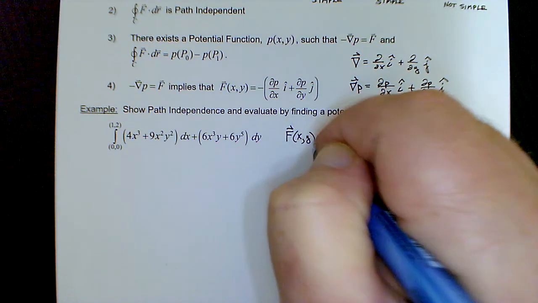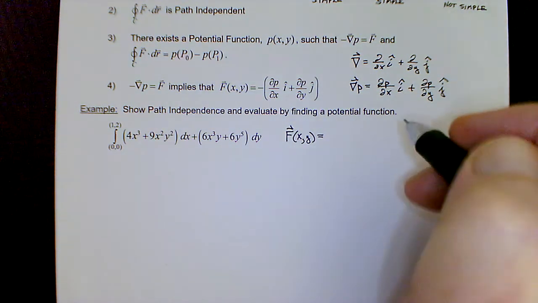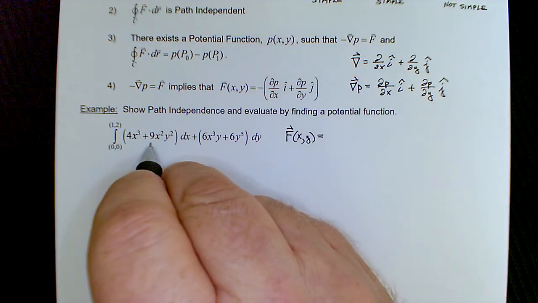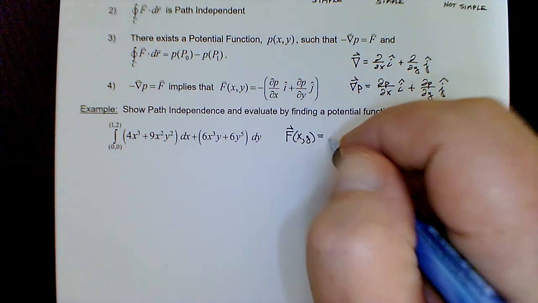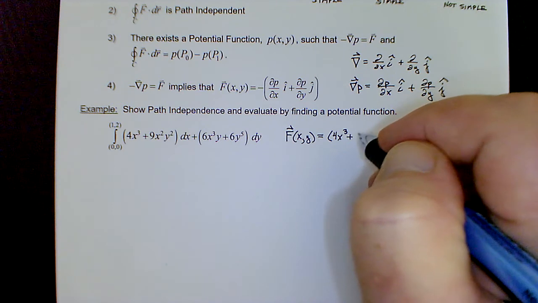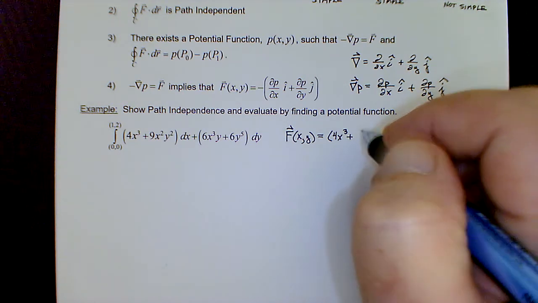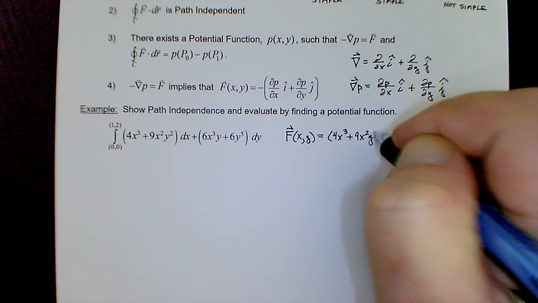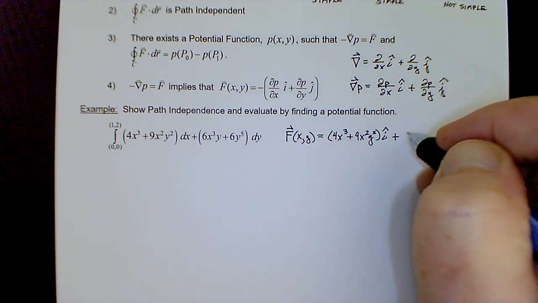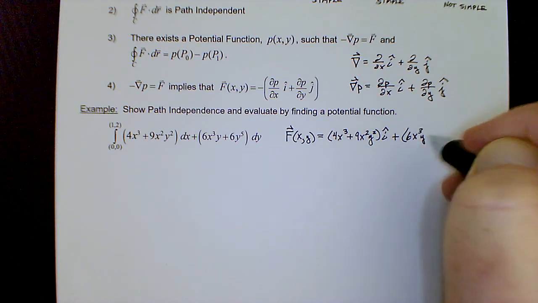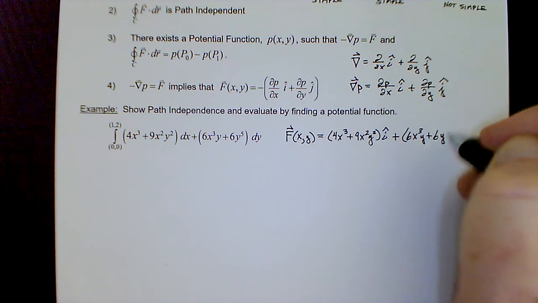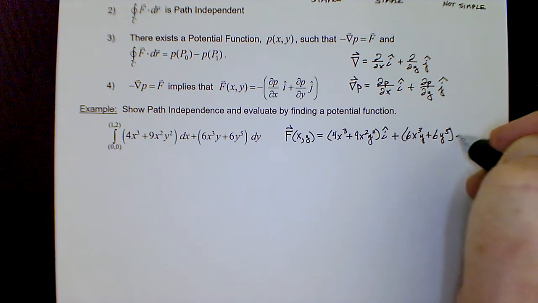The vector field F of x, y is going to be the 4x cubed plus 9x squared y squared times i, and then plus the 6x cubed y plus 6y to the fifth times j.